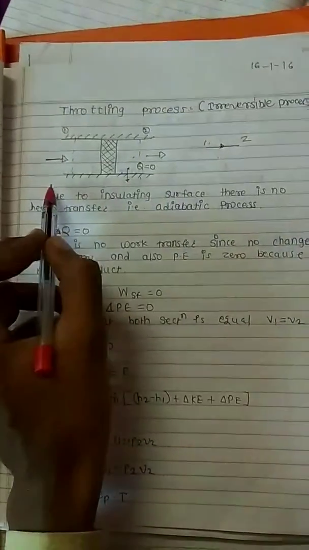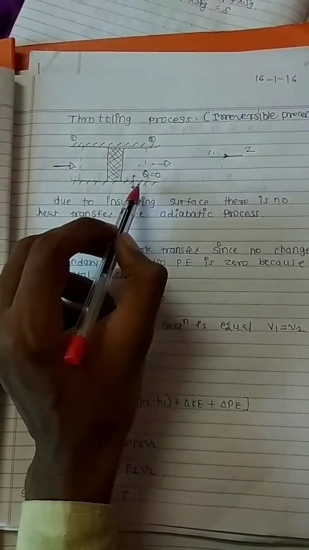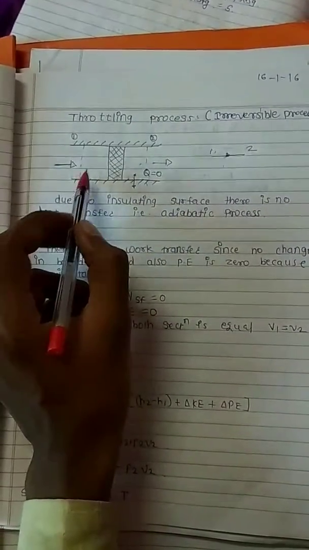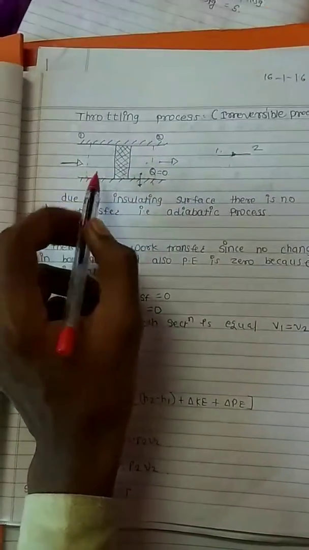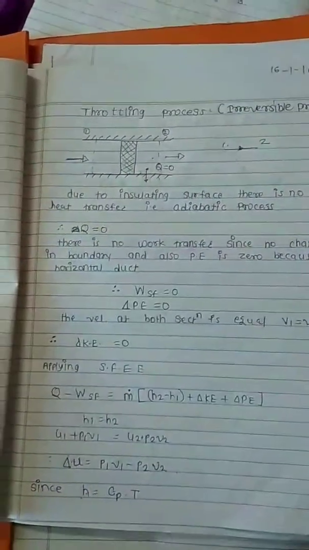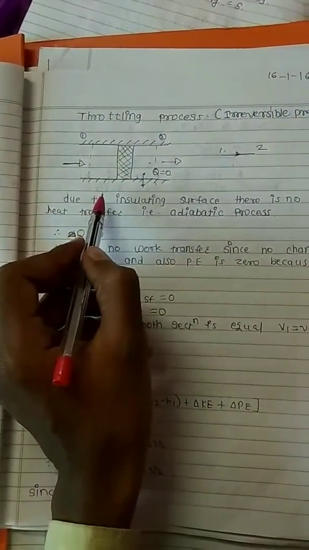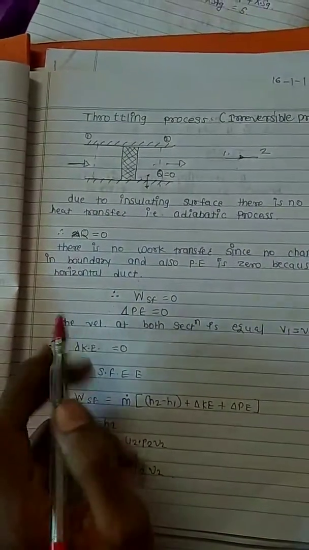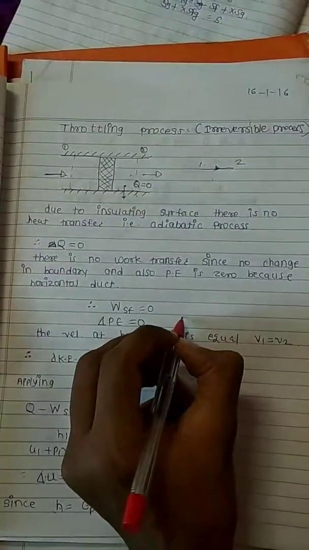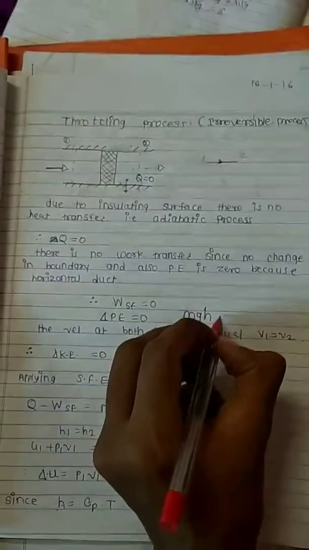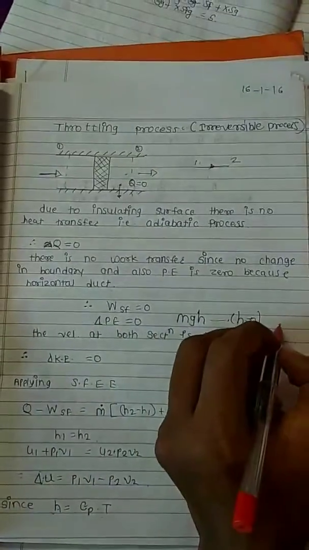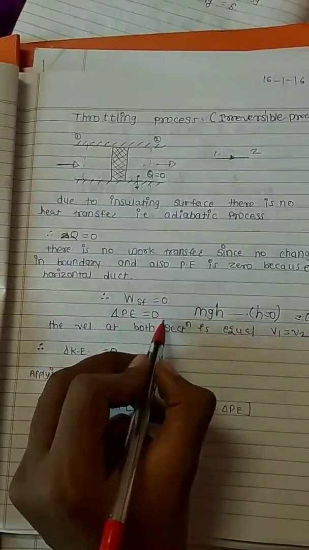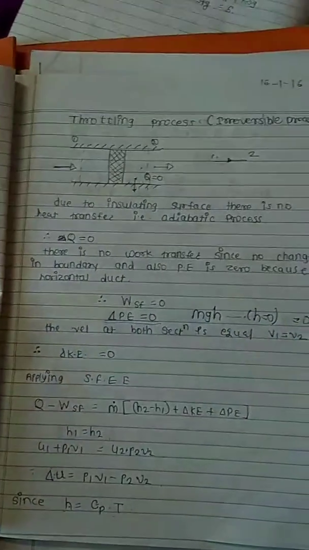Here, the throttling device is placed horizontally, so the height of the throttling device is 0. The formula for potential energy is mgh, where h is equal to 0 due to the horizontal duct, and hence mgh is equal to 0. That means the change in potential energy is also 0.